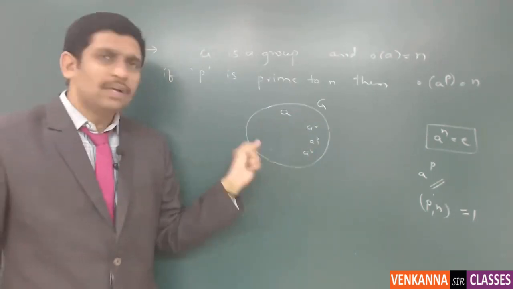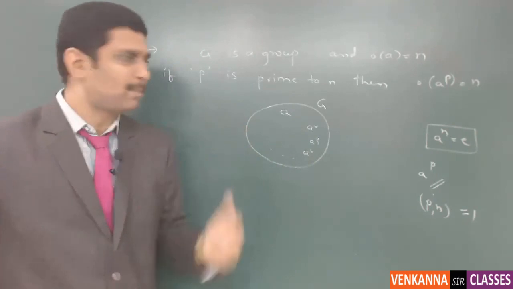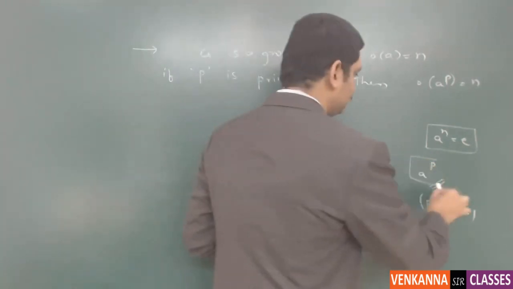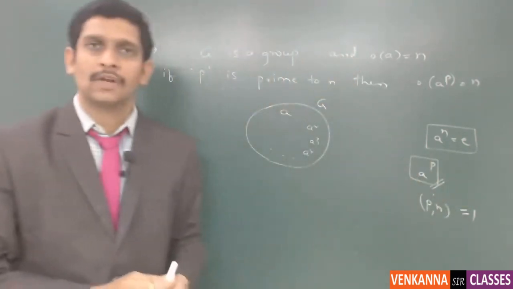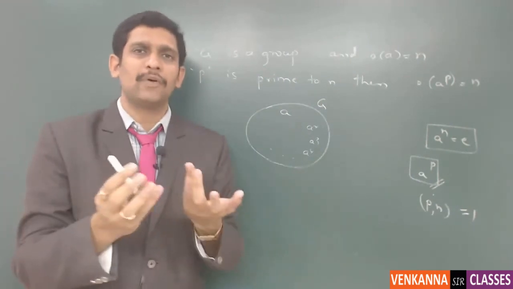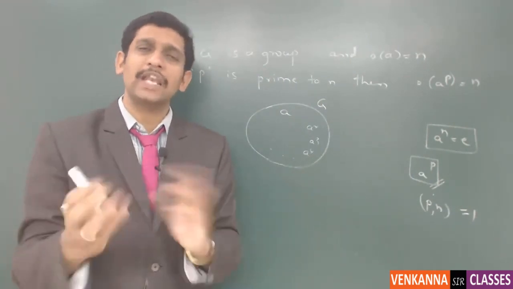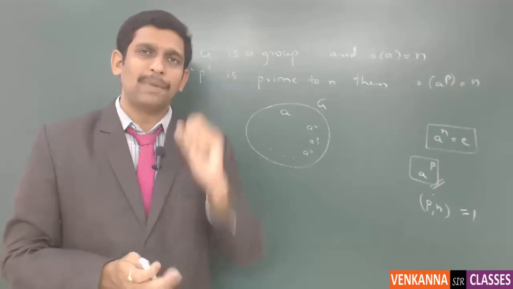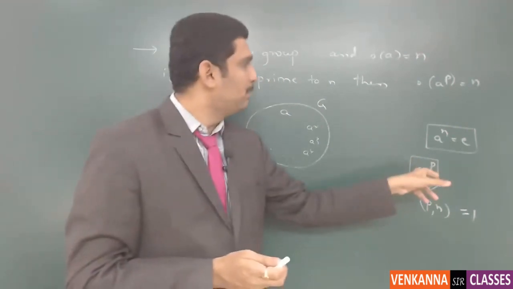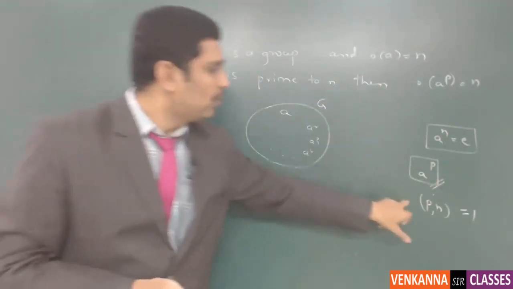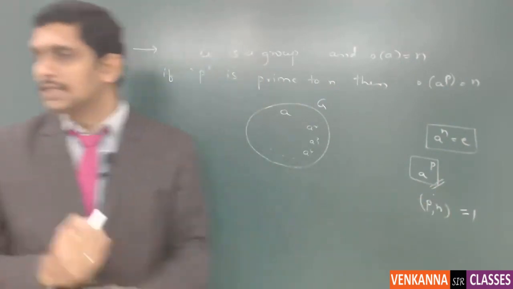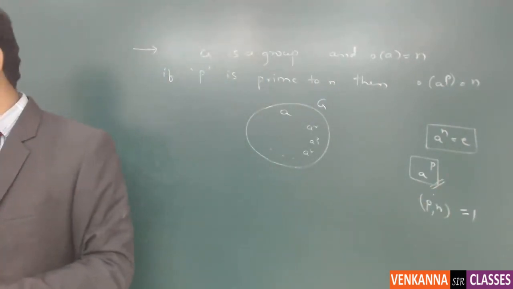So among these elements, I pick up a power P. You can take A power 4, A power 10, A power 100, any power you take. The power has a property that P and N both are relatively prime. GCD of P comma N is equal to 1.